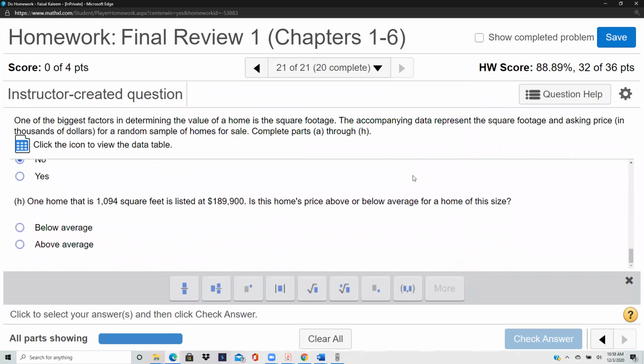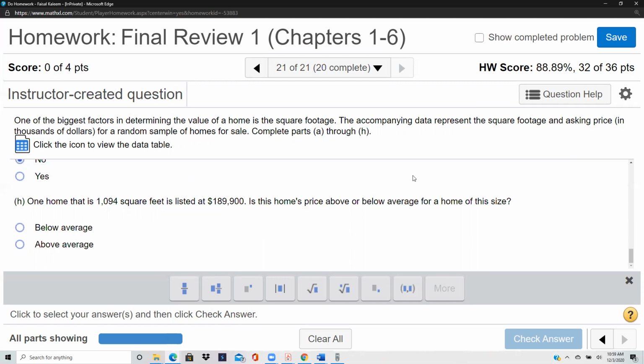Okay. So one home that is 1094 square feet is listed at 189,000. Is this price above or below average? So how do we decide that? Would we put the square feet where the x is?